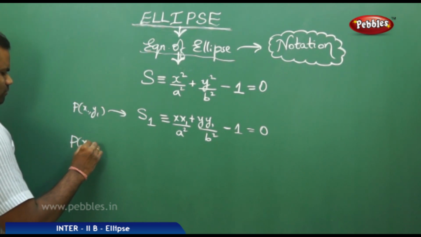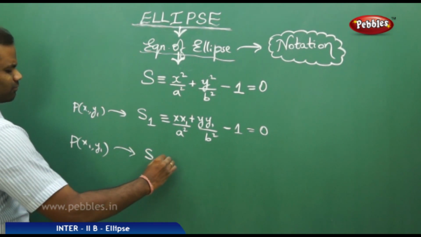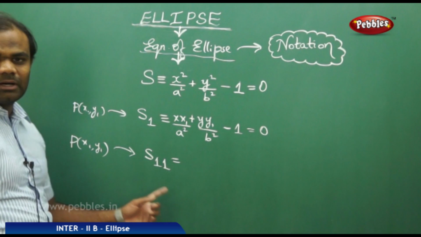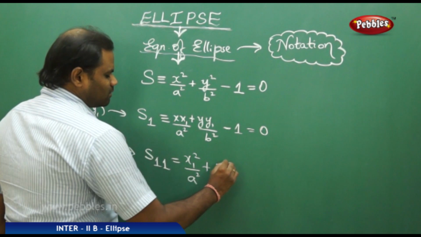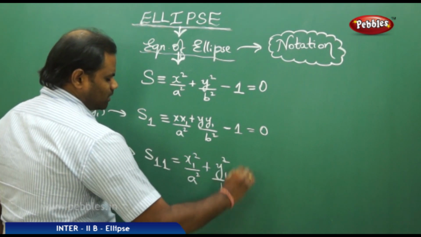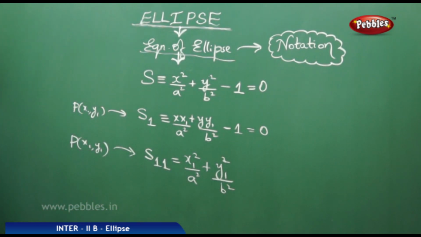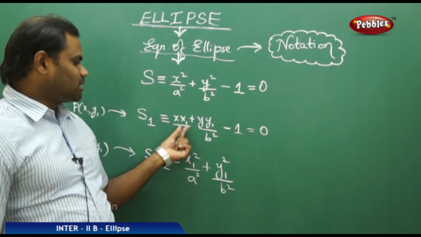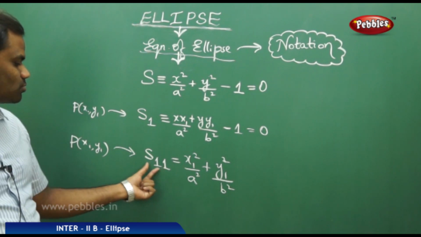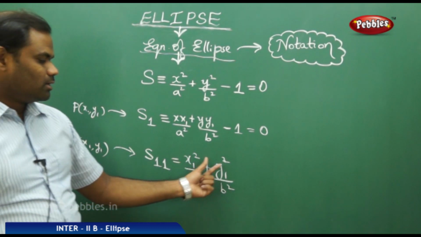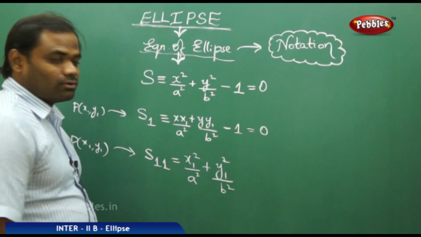Similarly, for the point (x1, y1), I can find S11, which is nothing but x1²/a² + y1²/b² − 1, a constant which may not be equal to 0. If I have S2, I can write this as xx2/a² + yy2/b² − 1 = 0. And if it is S22, it is x2²/a² + y2²/b² − 1. This is how we get the different types of notations.